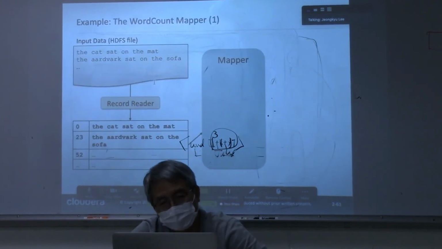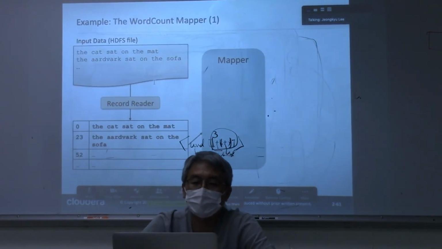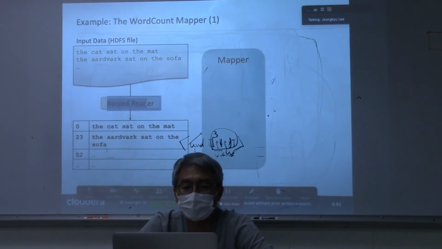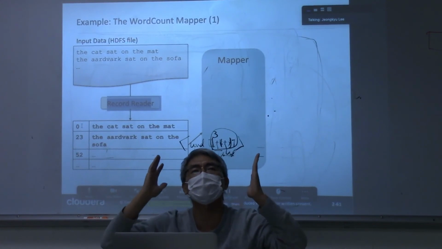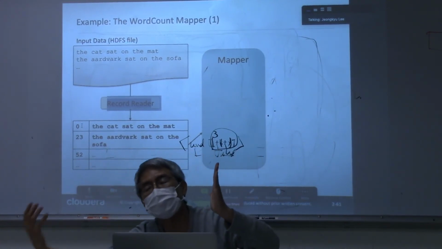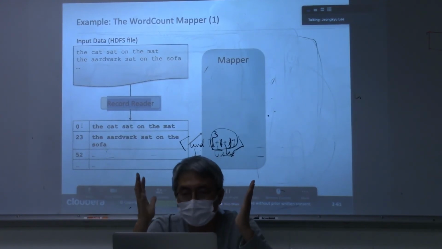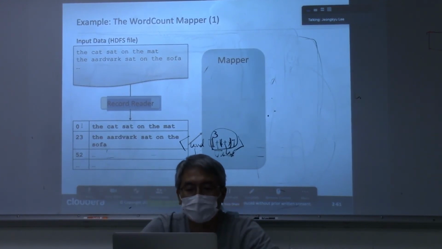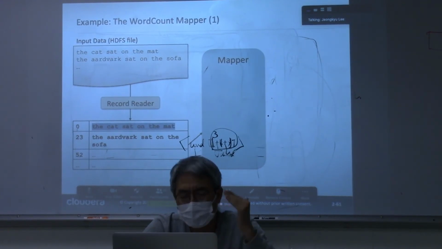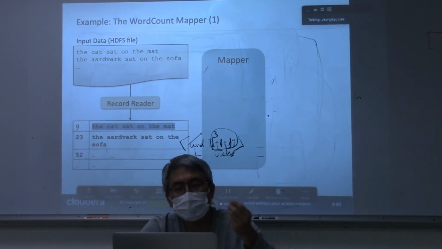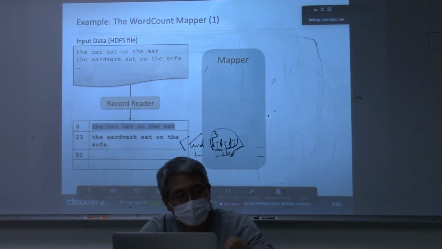To do that, the record reader will automatically process each line. Then we need to design the key and value to eventually count the words. The first processing is record by record. So this is a value. What will be the key? Less computation. We could use 1, 2, 3, an incremental number.